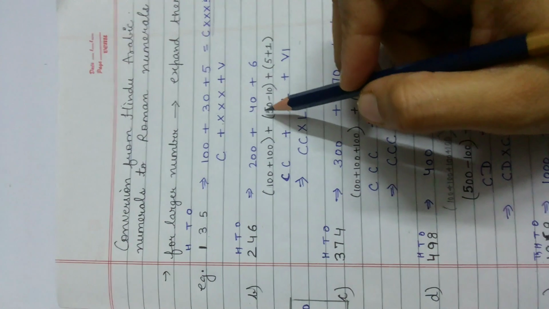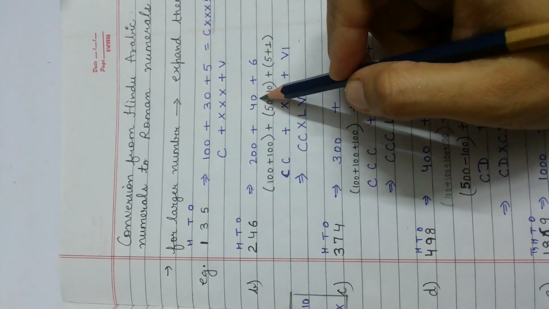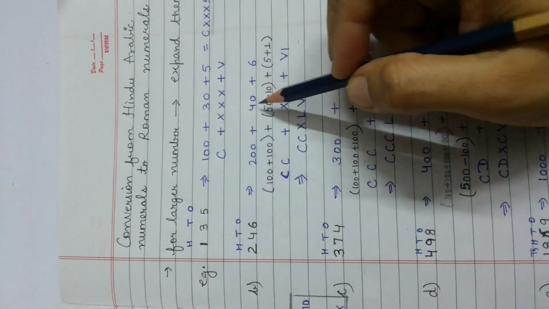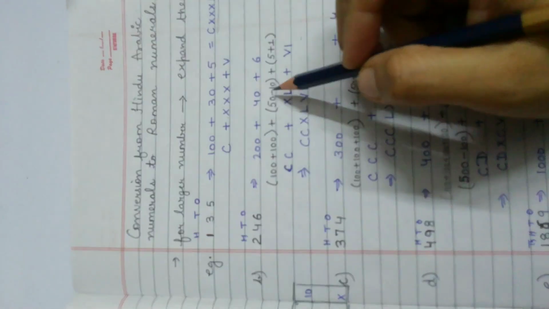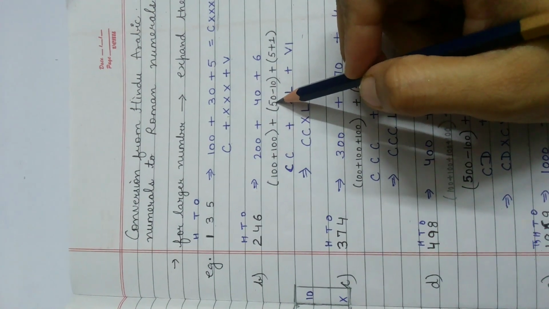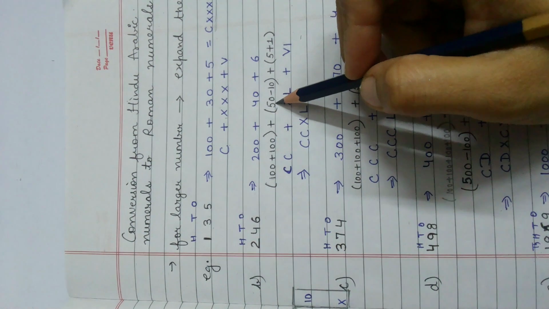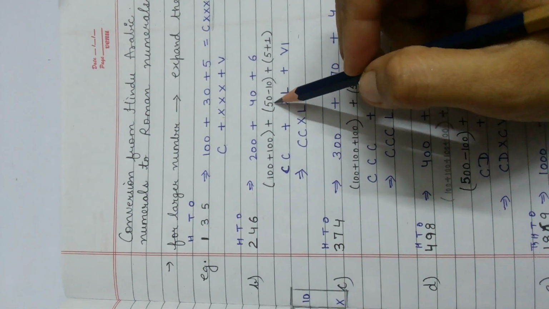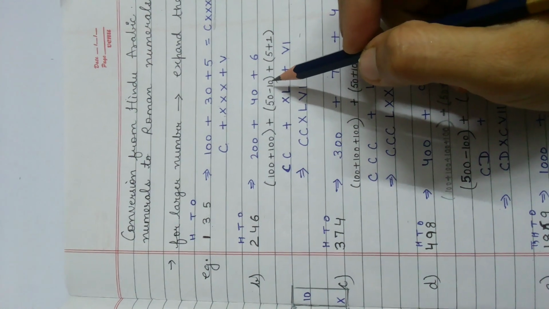Next is 40. Now do I have a symbol for 40? No. Either I have a symbol for 10, which is X, or a symbol for 50, which is L. Now I know my rule that a symbol cannot be repeated more than 3 times.